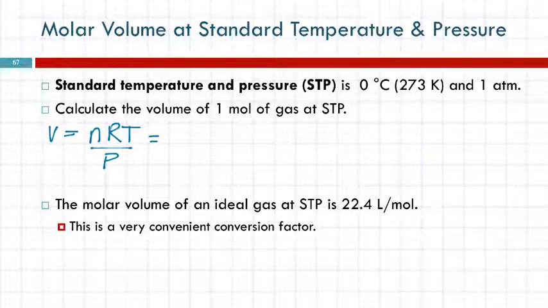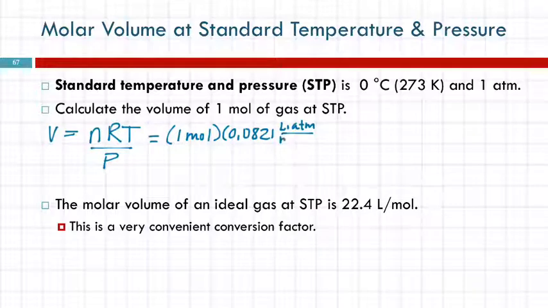So n is 1 mole. And if we're calculating the volume of 1 mole, we're going to say that's exactly 1 mole. R is 0.0821 liters times atmospheres divided by moles times Kelvin.